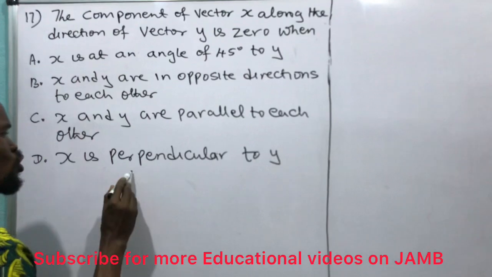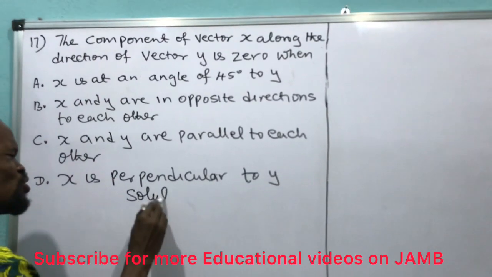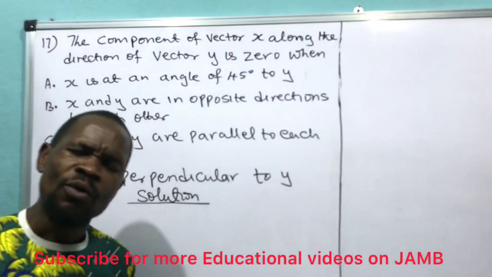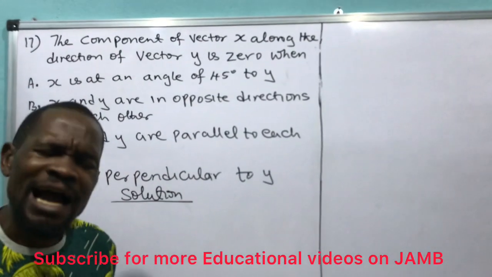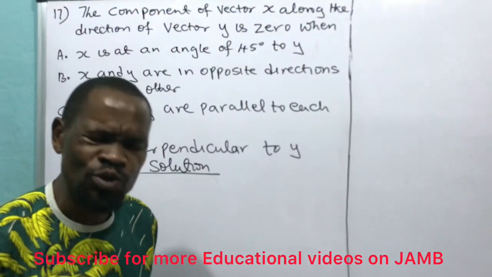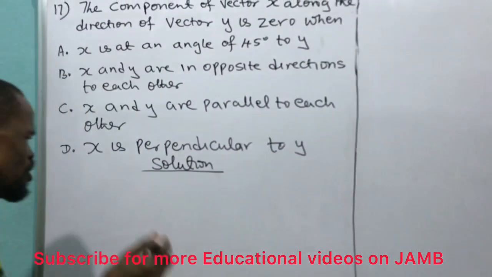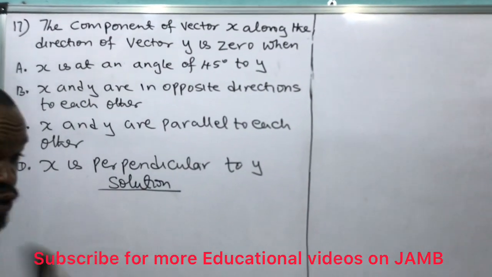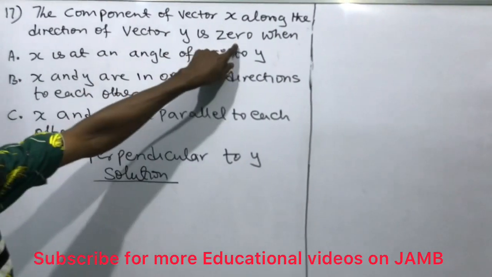Let's go to the solution of this. Two forces will not have a component when they are not at an angle to each other. Look at it: there are two conditions for two forces to have 0 components.